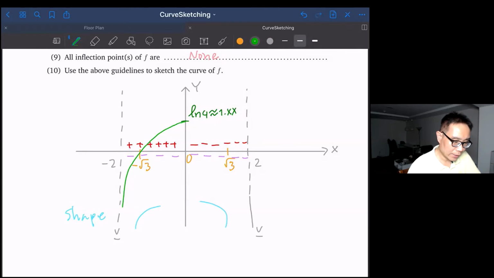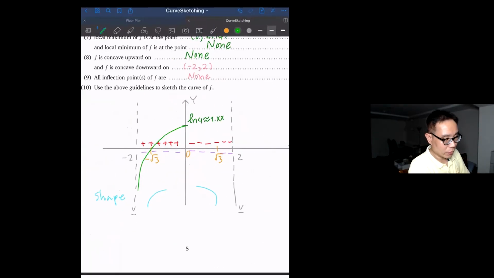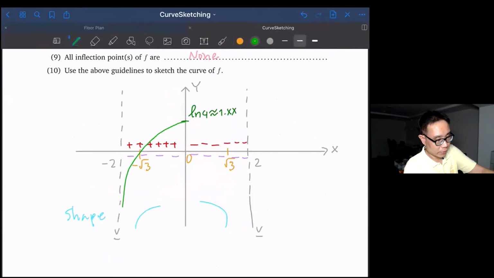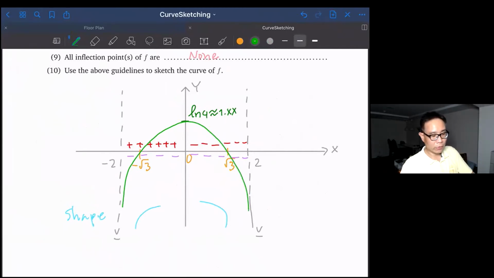Okay, so it looks like this. And you're going to draw the graph in another direction that's going to pass +√3, and it's going to tend to this vertical asymptote.